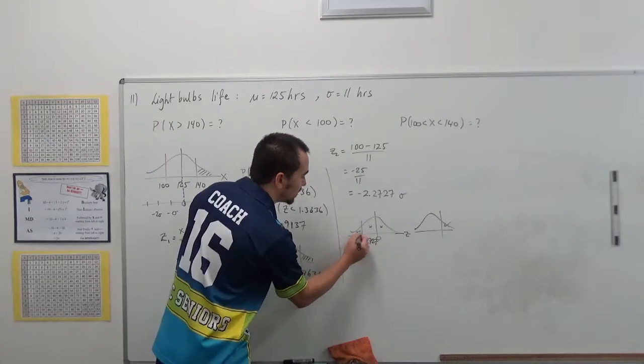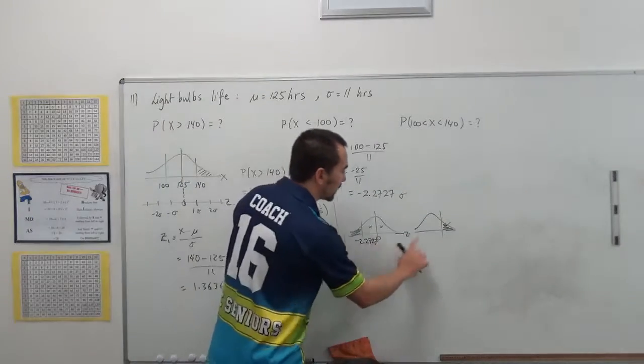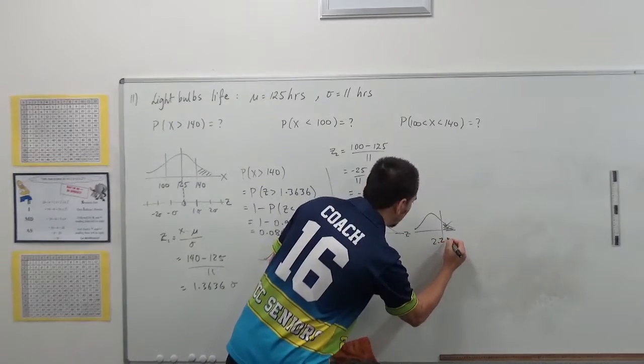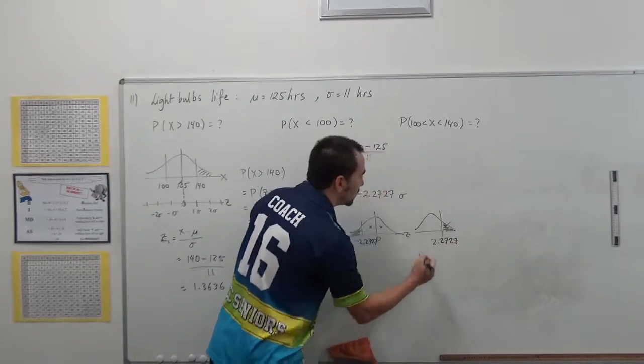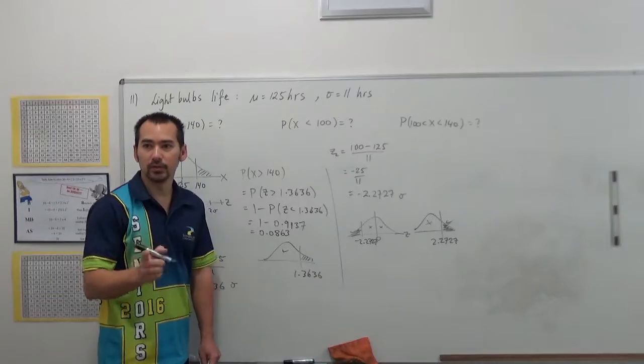True? That area is the same as this area. So we'll use the reflection and say this is 2.2727. We want this area, not that area. We'll do the 1 subtract.